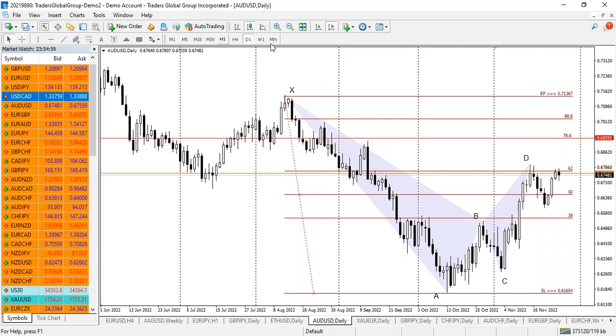How many of you are following now? For me to get a Gartley connected to this high, price must rise to 78.6. So if price reverses here, then it was not using this high for the Gartley.